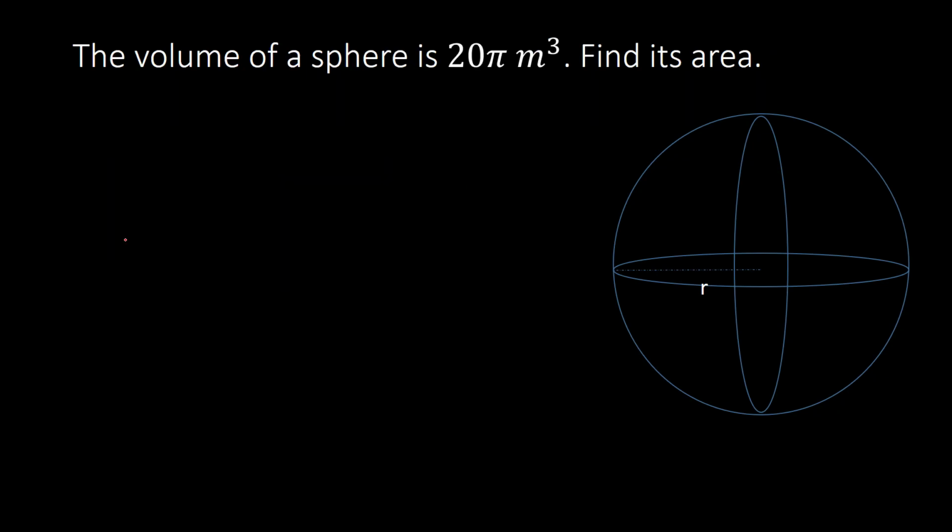And then here's one other example where the volume is given to you, and in this case you're trying to find the area. So you're trying to find the total area, but to do that we need to know the radius. Well, to find the radius, I can use the volume that's given to me, plug that into the volume formula. So in place of v for volume, I'm going to put in a 20 times pi.